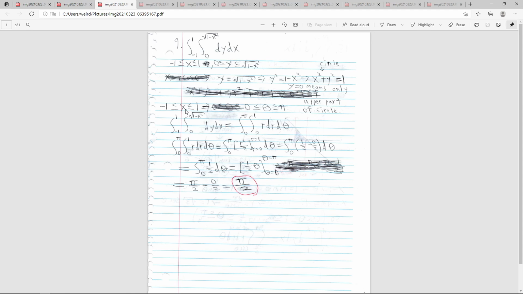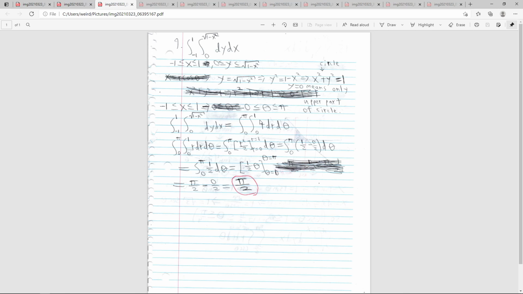So it implies that theta is going to be 0 to pi, because it's the upper half of a circle, but also fulfills the fact that x is negative and positive. You kind of have to relate this to the x and y axes sometimes, you'll see in other ones. So it's 0 to pi, 0 to 1, r dr d theta. That's how you can write it, as the limits.